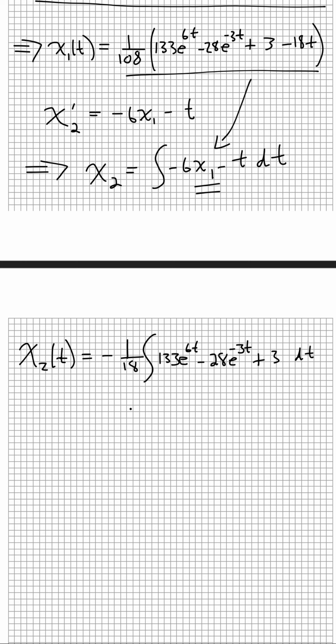Okay. And so what this is going to equal now is the following. When you take the integral, you'll get -1 over 108. Okay. And here, if you integrate each piece independently, you will have 133 e to the 6t, okay, plus 56 e to the -3t, okay, plus 18t plus c, okay.